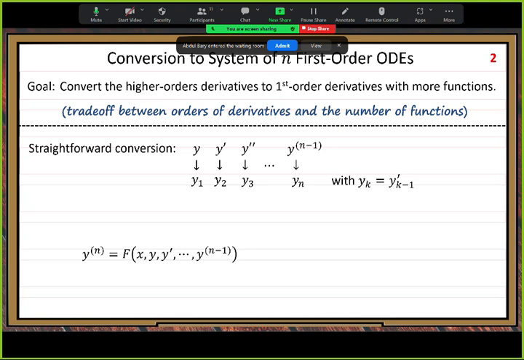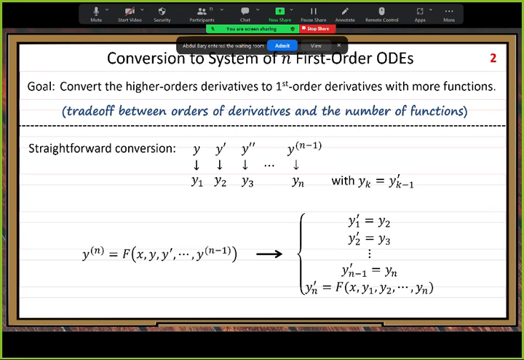We call it a linear system in this way: y1 prime equals y2, y2 prime equals y3, and so on, y n minus 1 prime equals yn, and yn prime equals that F function.